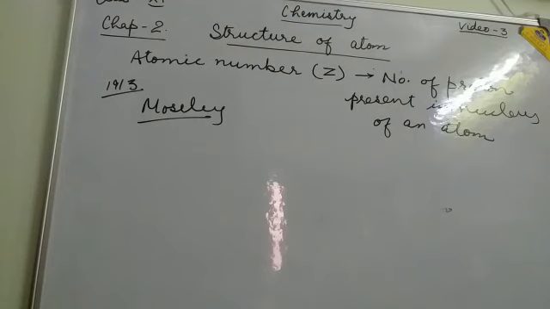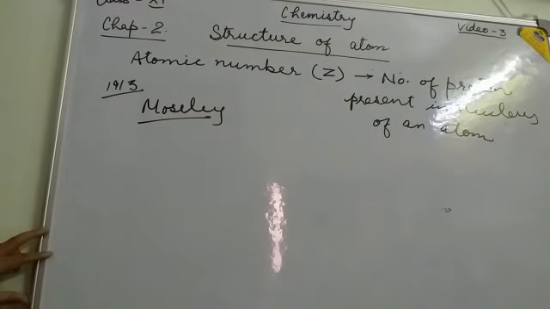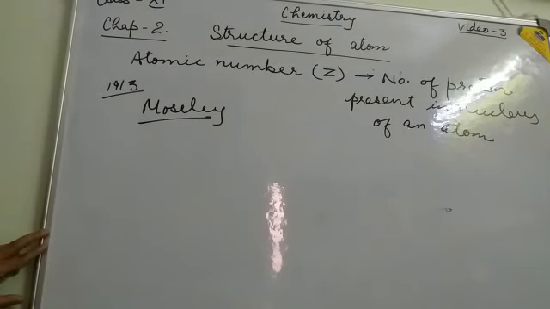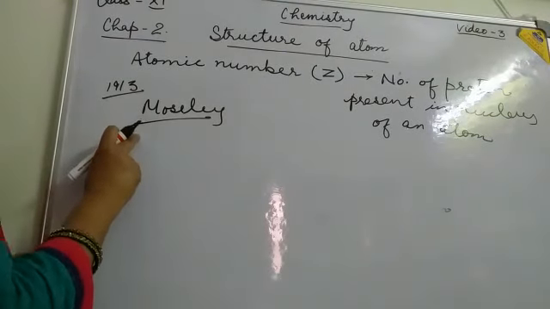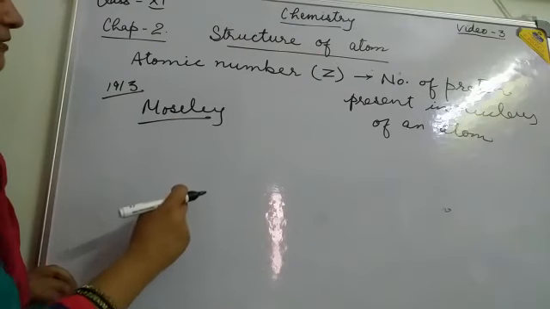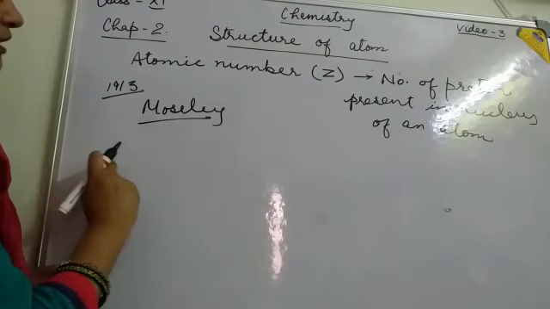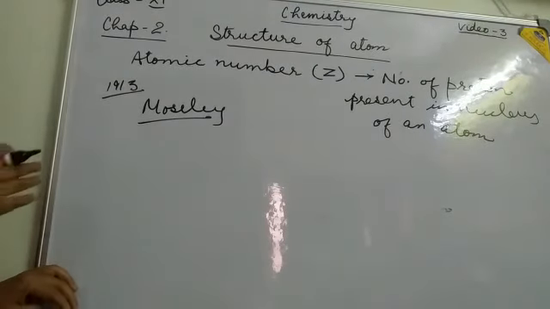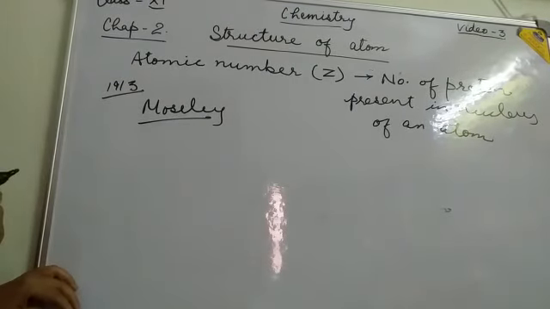He calculated the charge of the nucleus from frequency or wavelength. He calculated the charge by X-ray emission by different elements. He showed that when cathode rays strike a metal plate, different spectral lines are formed.